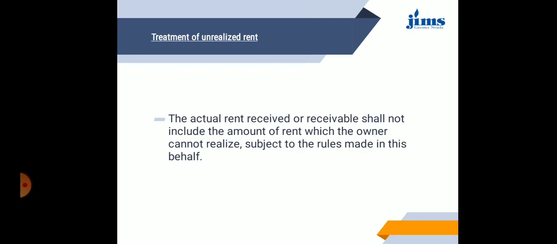Then, the annual value of one house away from the workplace. A person may own a house property, say in Bangalore, which he normally uses for his residence. He is transferred to Chennai, where he does not own any property and stays in rented accommodation. In such a case, the house property in Bangalore cannot be used for self-occupation and notional income would normally have been chargeable, although he derives no benefit from that property.